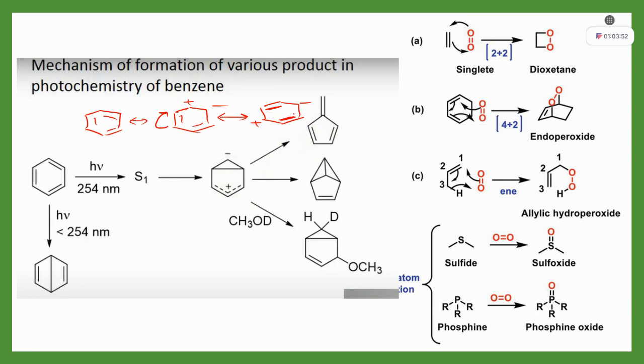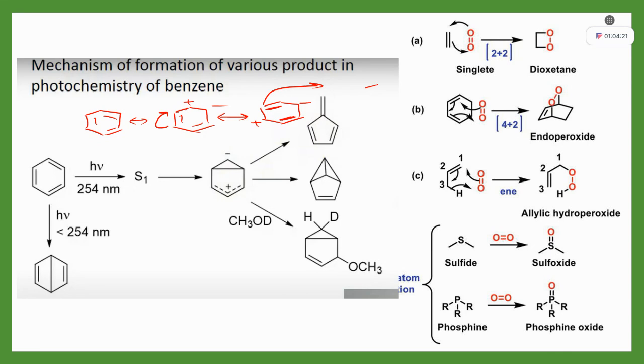Now you have to quench this basically. Okay, if we have to draw its resonating form in normal form, what we will do, we will quench this. But in this photochemical reaction, what you have to do, you have to form cyclopropane. Okay, in order to form cyclopropane, this carbon should carry positive charge that can combine with this negative charge.